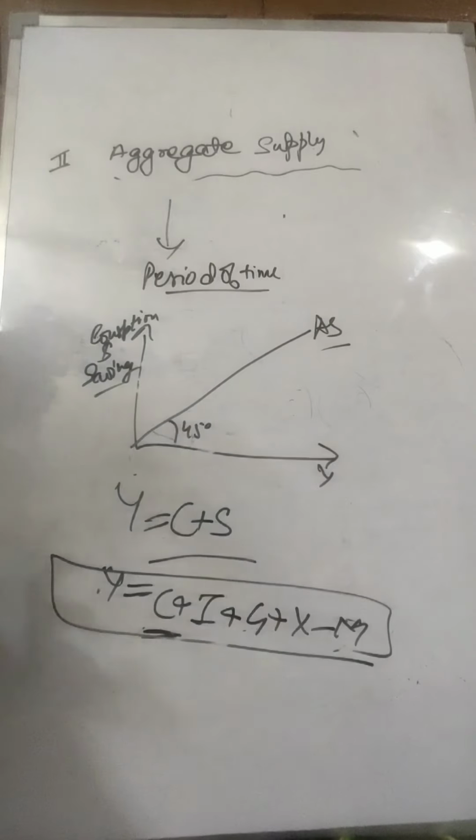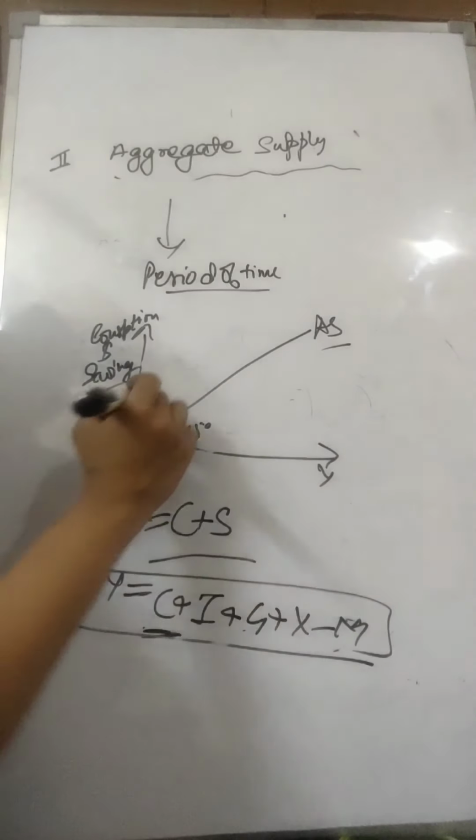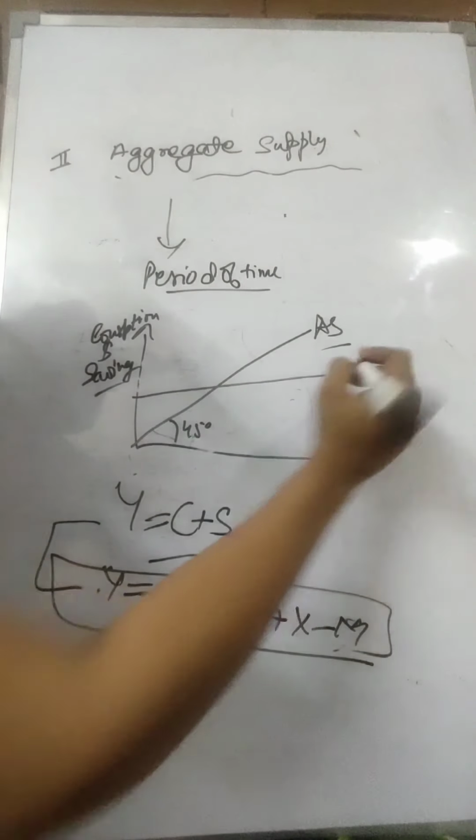Now I'm doing it in short so that you can have a broad idea of how we will be calculating the equilibrium level. Whenever you're calculating the equilibrium level, if I draw it in this only, then your AD will be this, right?